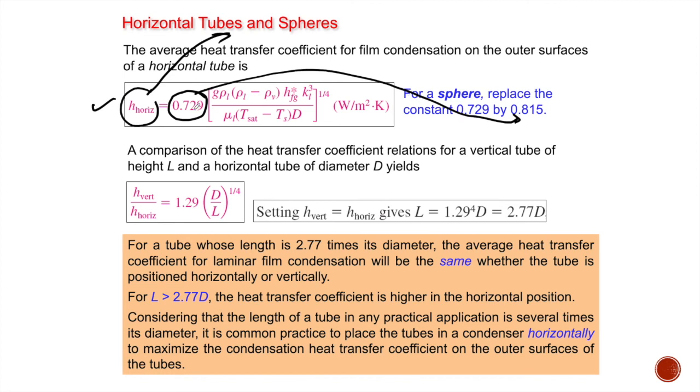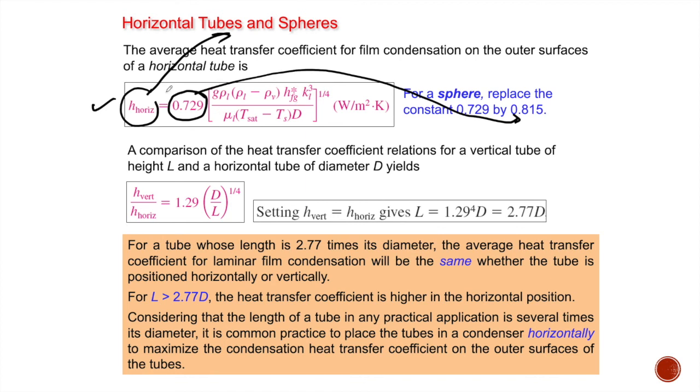Let's say you have a tube in your problem, then you directly use this equation. Substitute all the properties, and you have to find the properties from your tables if they are not given in your question.